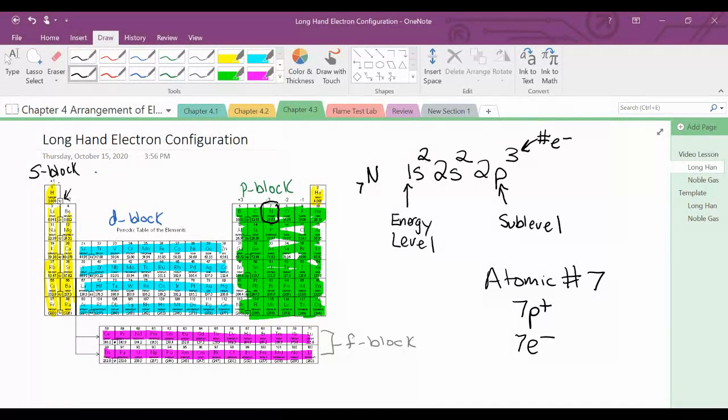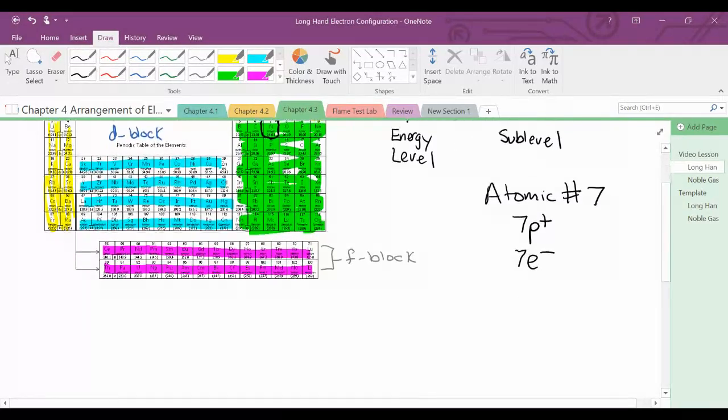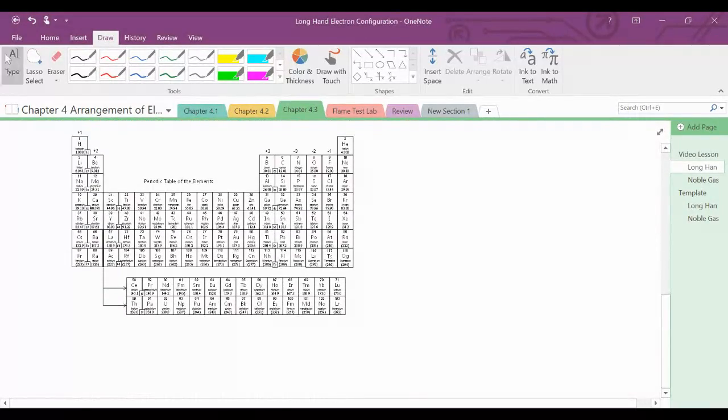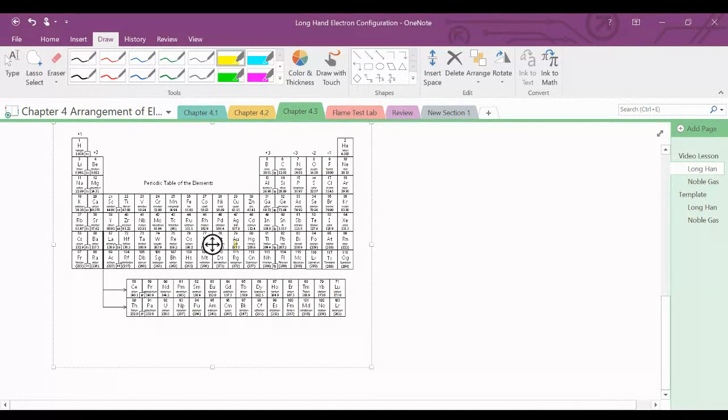So we're going to do another longhand electron configuration. This time, we are going to do the electron configuration for gold, which is atomic number 79, and it's here in the D block.